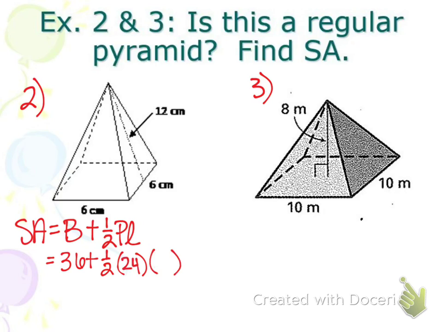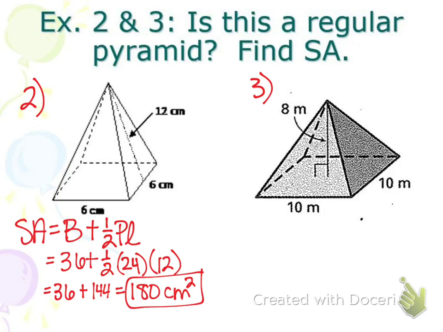Times my slant height? 12. So we have 36 plus, what's half of 24? 12 times 12 is 144. When we add those together, we get 180. My units? Centimeters squared.